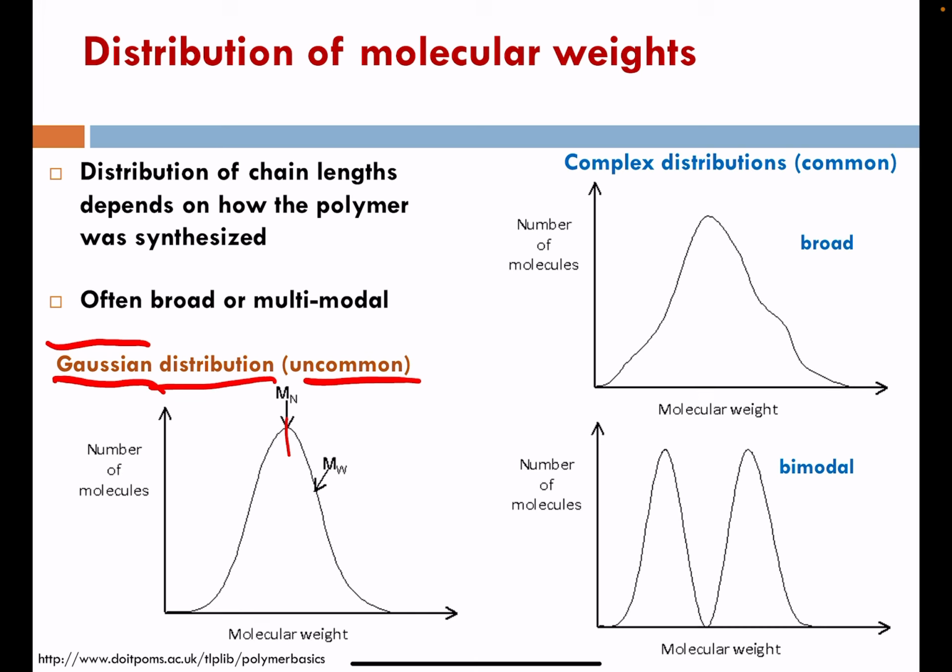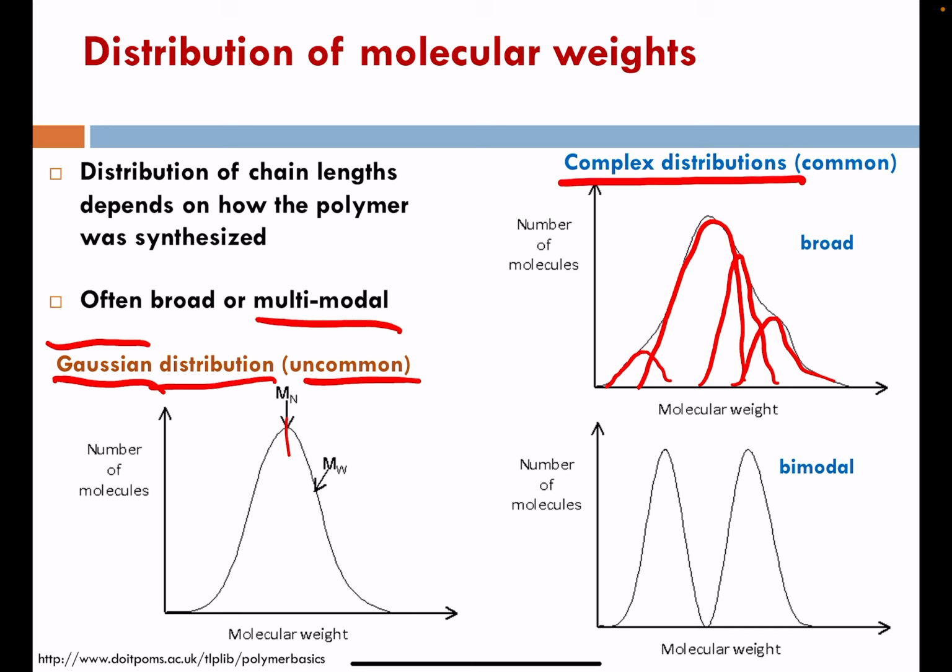Complex distributions can result where there's perhaps a contribution of many different molecular weight profiles here, giving rise to the ultimate profile here. So this broad molecular weight distribution is also seen to have complexity and would be regarded as multimodal, meaning there are multiple peaks or shoulders present in the profile there. In a more simple case, we would have a bimodal molecular weight distribution where it appears that the profile only has two main populations present in that chromatogram.